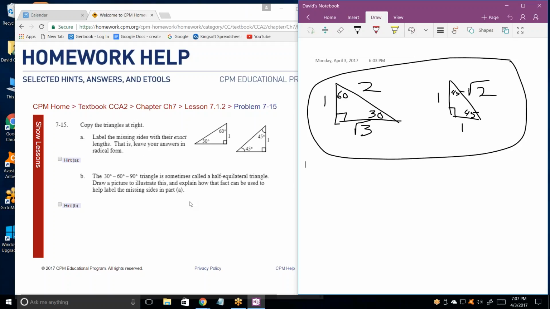Now, B. It's sometimes called a half equilateral triangle. Why? Well, if you were to take an equilateral triangle, what's the measurement of all three angles? 60. And then if you drop a vertical from any vertex, you end up with a 30, 60, 90 triangle.